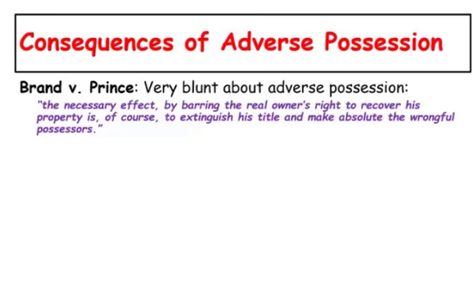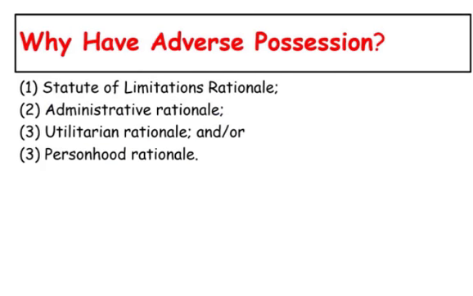Okay, so why have this doctrine? Right? Why have adverse possession? There are a bunch of different rationales, and we're going to walk through them one by one. But the thing to understand about adverse possession is that it is a statute of repose. The adverse possession statute is the cutoff point at which the original owner, the record owner, can no longer eject somebody who has trespassed.